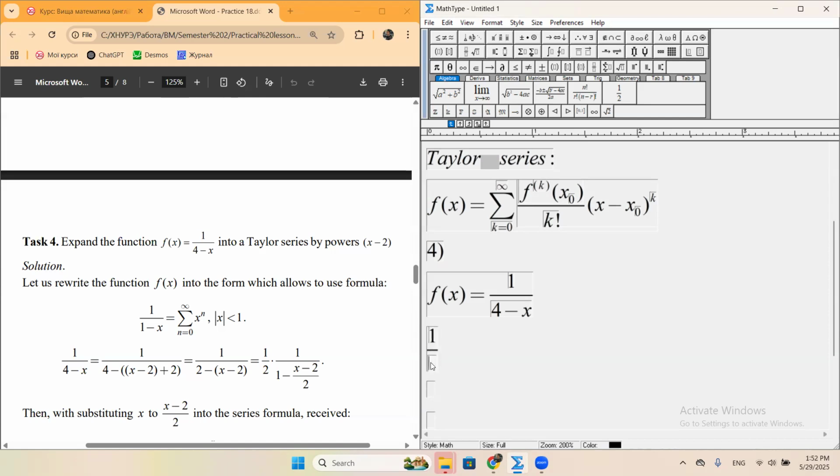So 1/(1 minus x) equals the geometrical series, the sum of x in power of n, and module of x is less than 1.